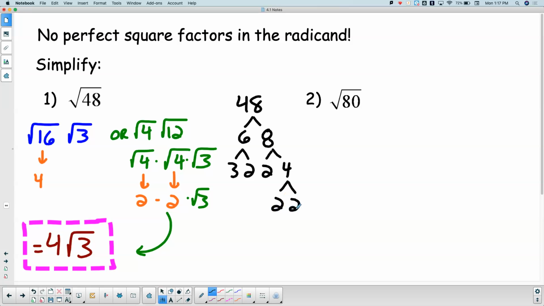And then I look for pair groupings because I'm taking the square root. So I'm looking for pairs. So then this would be a 2. This would be a 2. And then this one would still be the square root of 3. And then that gets me.